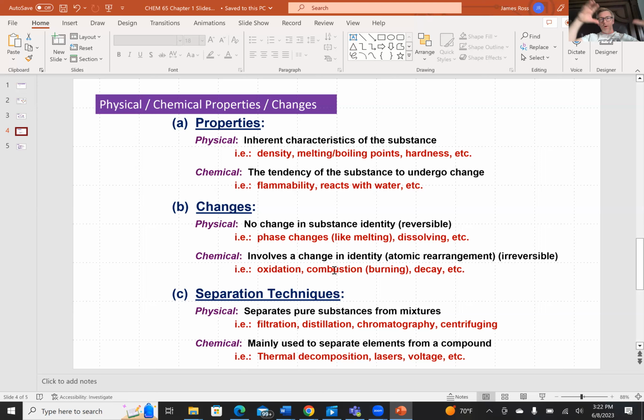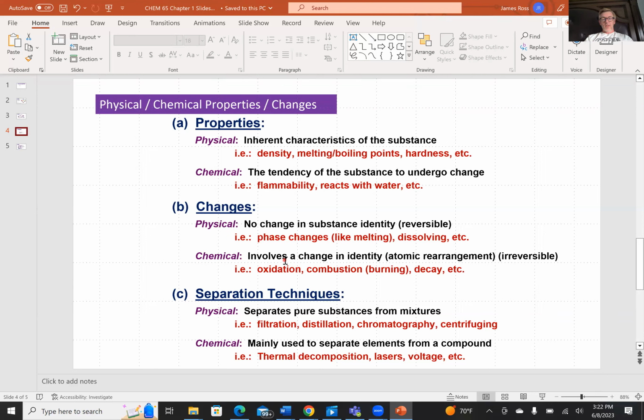You can't collect all of that stuff, put it in a box, wave a magic wand, and produce wood again. It's an irreversible change. Something irreversible has happened and you can't go back. Aging is another chemical change. You can't unage. Age is a one-way ticket, unfortunately, at least for now.